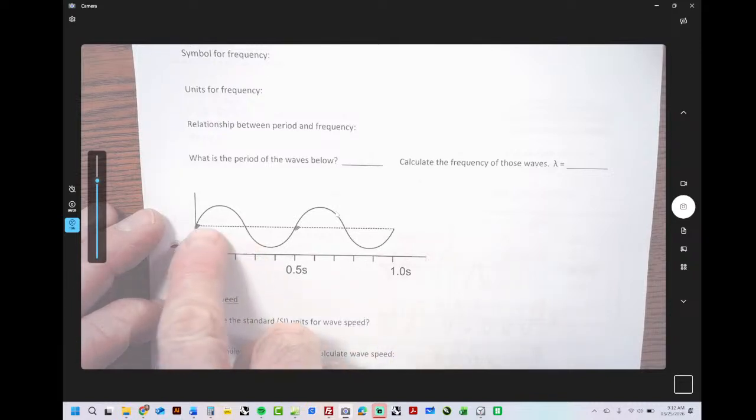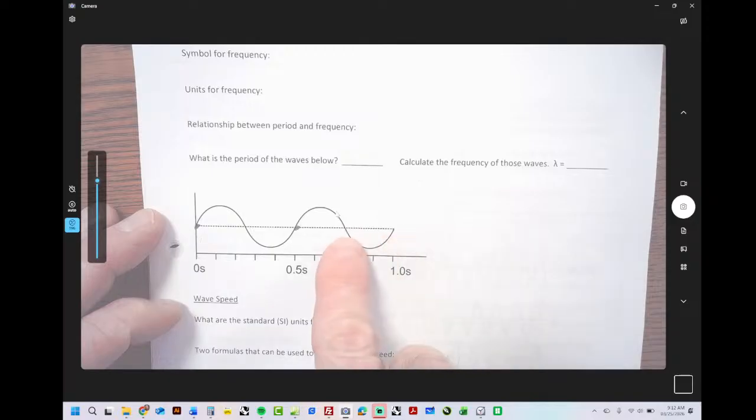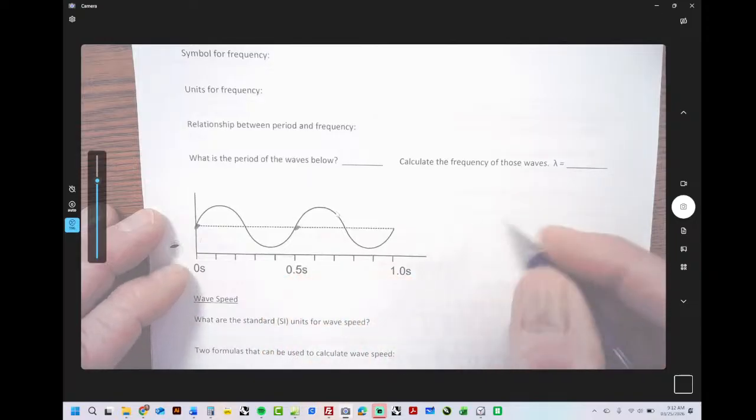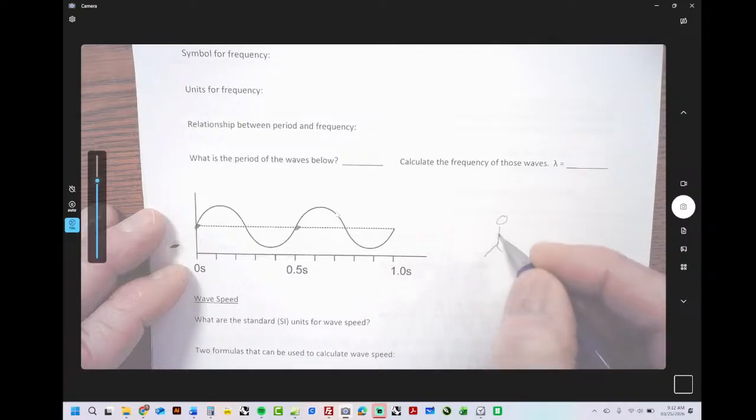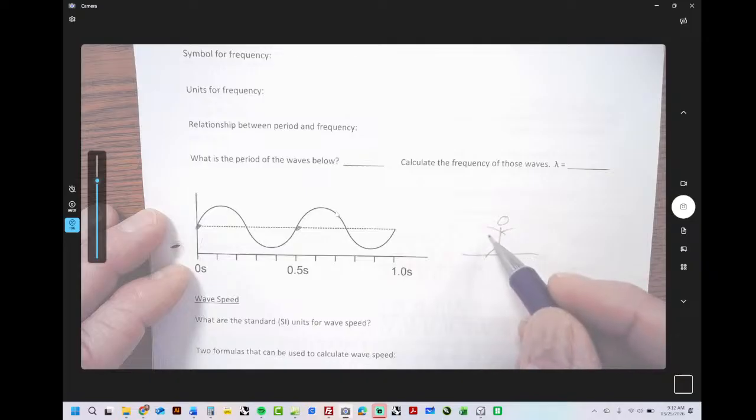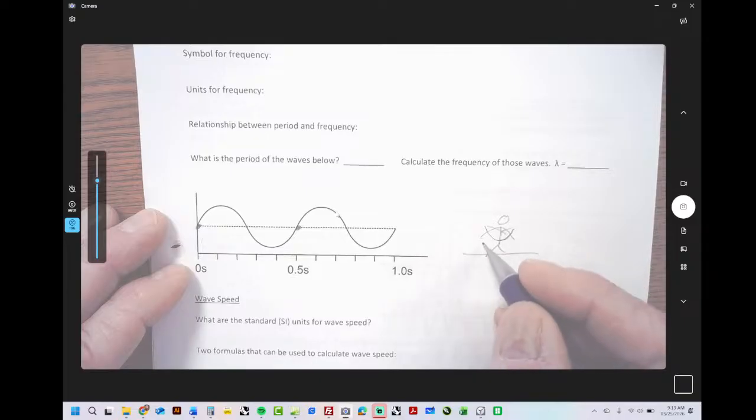This is kind of strange, because it looks like the wave's moving this way, and you can visualize it like that, but this is not through space, this is time. It would be like somebody standing in the water over here, and there's a wave sloshing past them, and a little bit later a trough goes past, and then there's a wave.